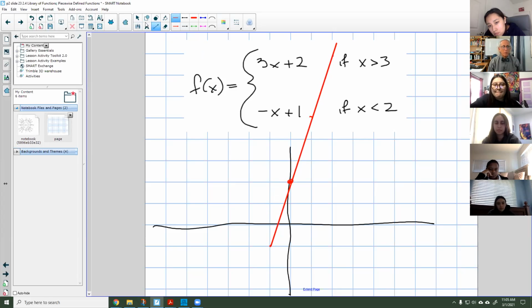Yeah, that's not bad. That's a pretty good line. But this is for x is greater than 3. Oh, see, I made this not so great. So that actually would start up. This is the danger of doing the problem on the fly.